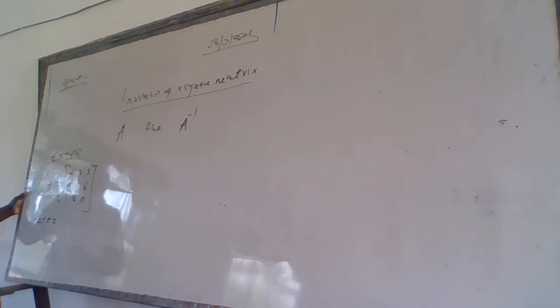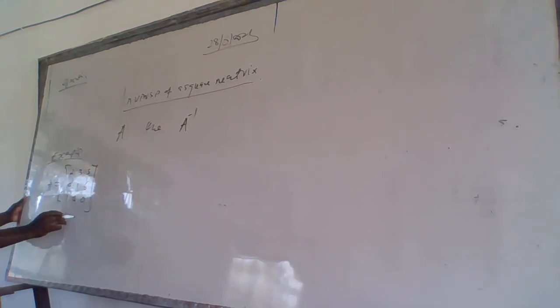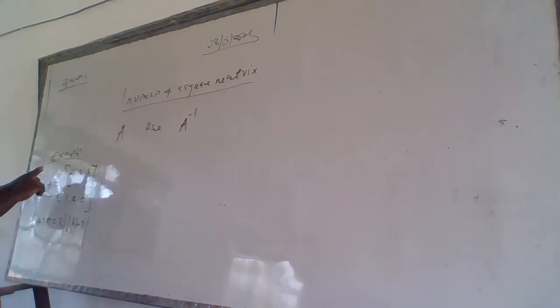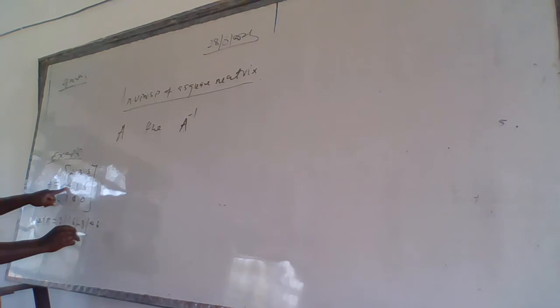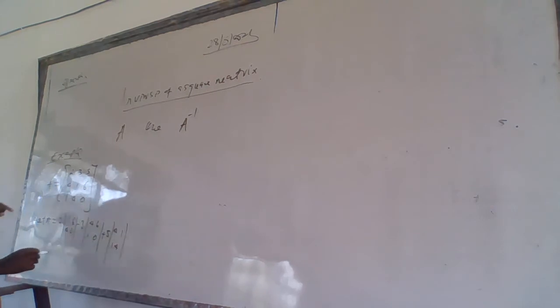Det A will be equal to 2 times the determinant of 1, 6, 4... wait, 1, 6, 1, 0, minus 3 times the determinant of 4, 6, 1, 0, plus 5 times the determinant of 4, 1, 1, 4.